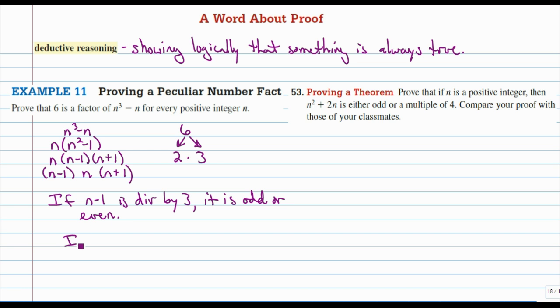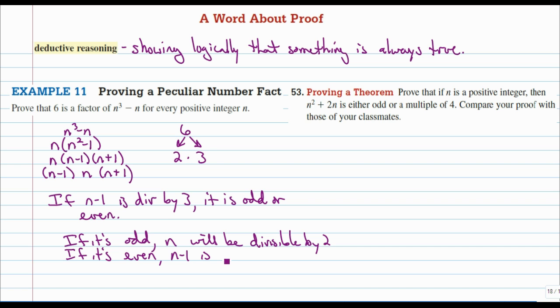If it's odd, n will be divisible by 2. If it's even, it itself is divisible by 2. And therefore the whole number is divisible by 6.